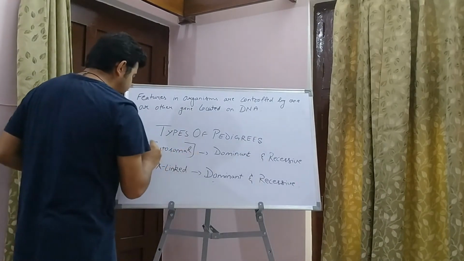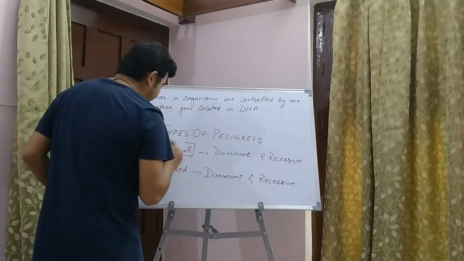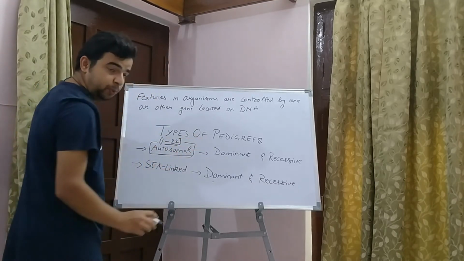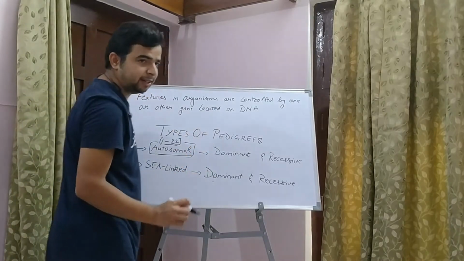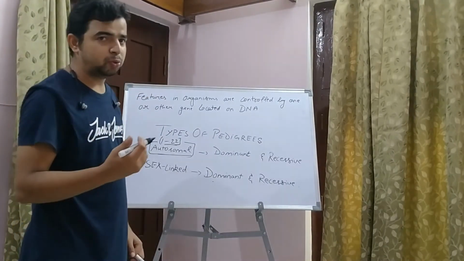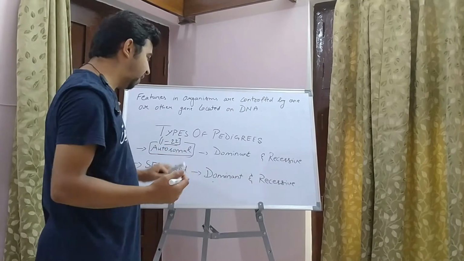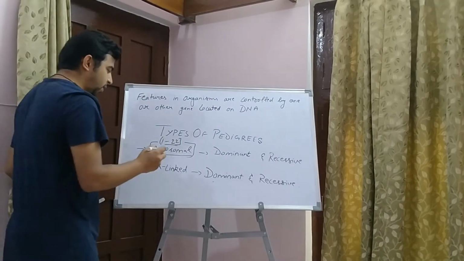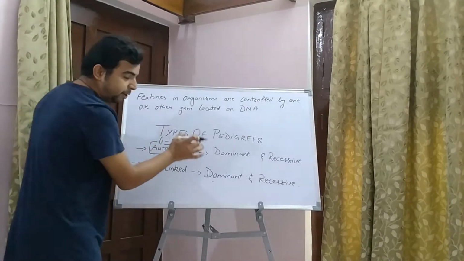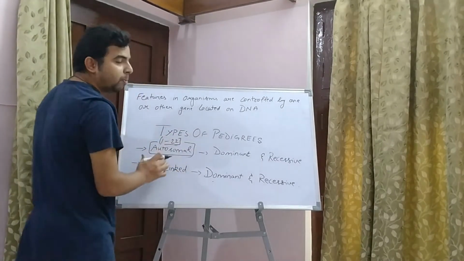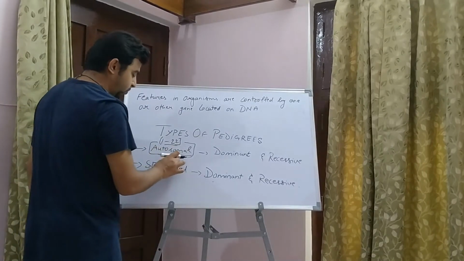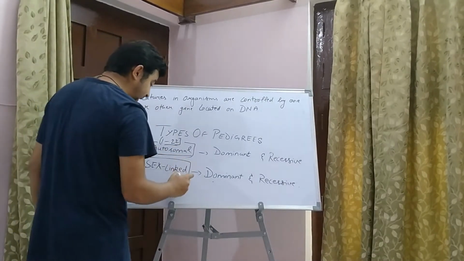When it is autosomal, we are talking about chromosome number 1 to 22. Any character present on a chromosome can be identified as either autosomal or sex-linked. If it is present on chromosomes 1 to 22, which are common in both male and female, it comes under autosomal.